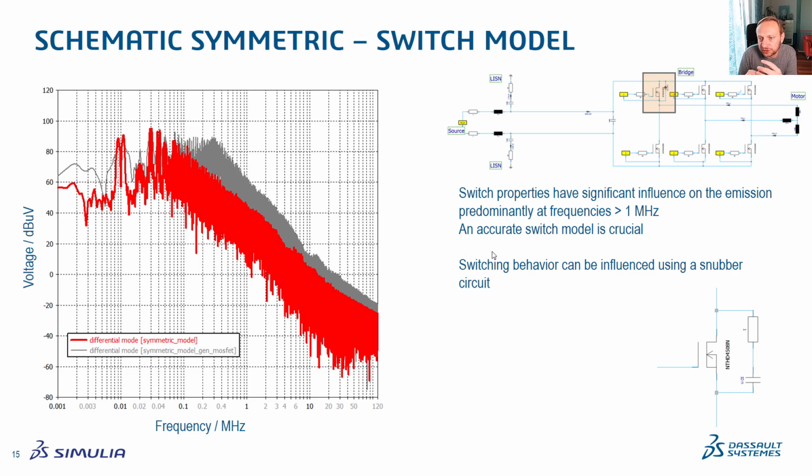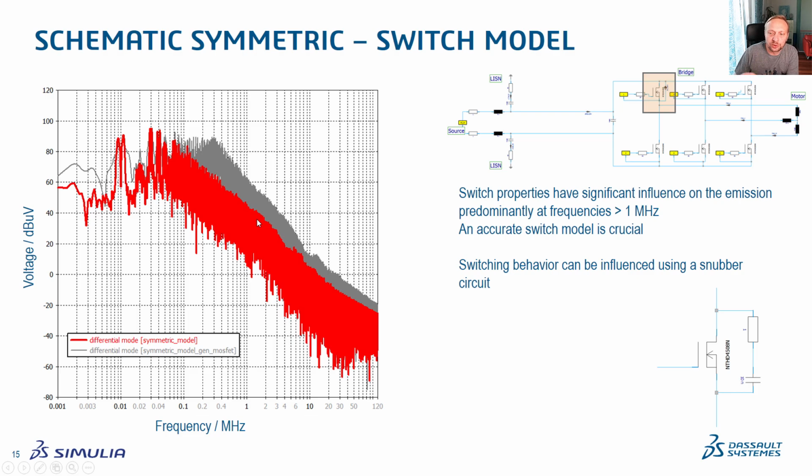The MOSFET will have some capacitance between drain and source and so on. And what I did here is simply use a different switch model. You can see that changing this switch model can significantly change the emission. The second switch model, which is gray down here, with what I call a generic MOSFET, just shows higher emission levels.